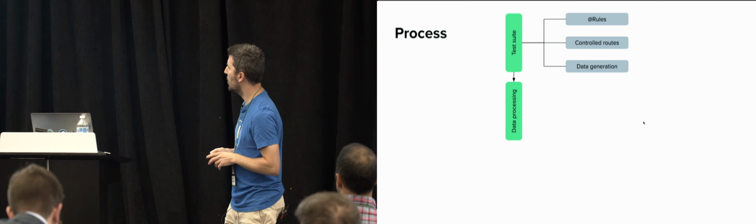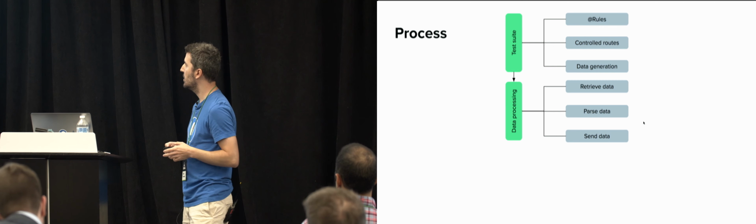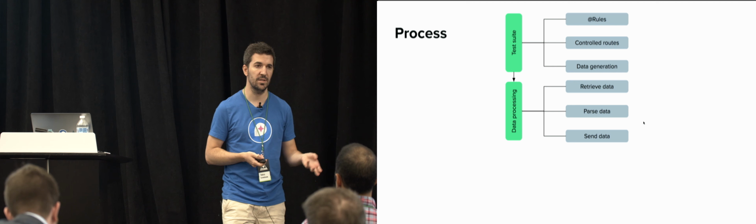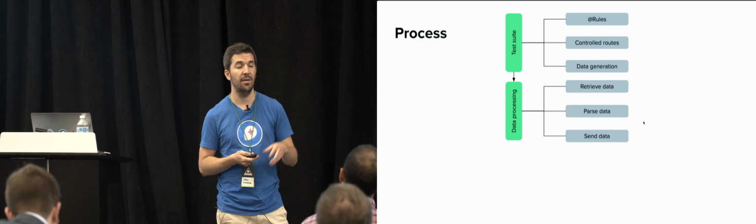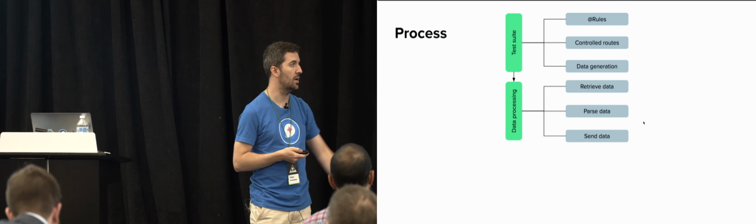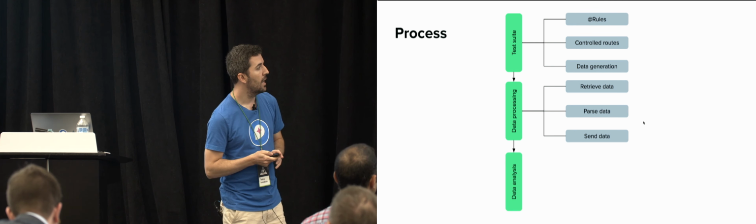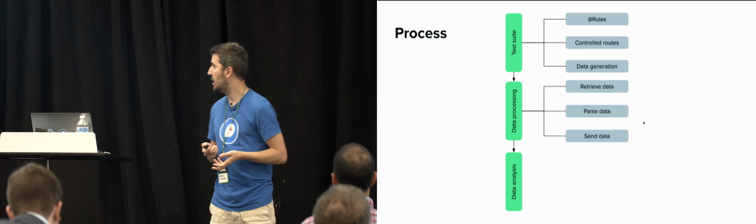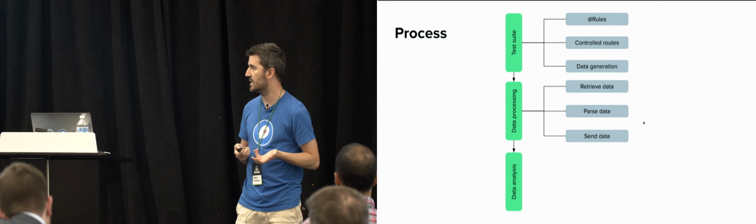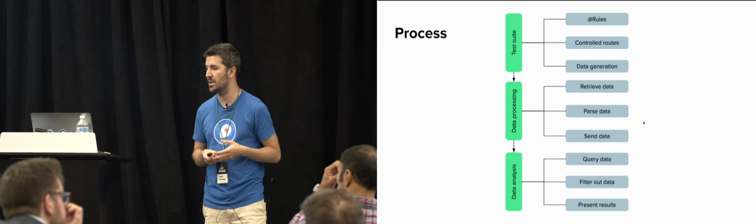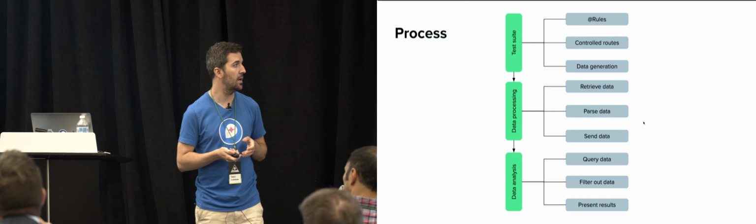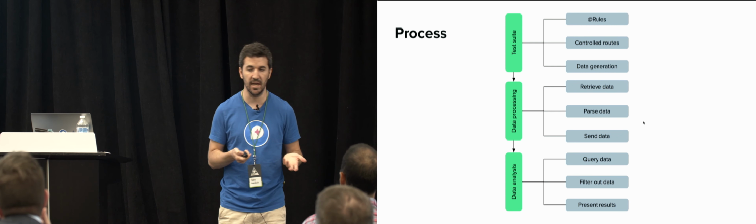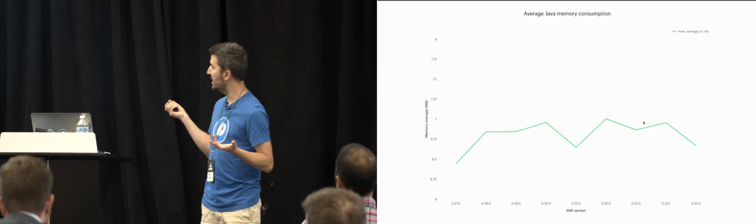After that, we need to process the data, which means that we need to retrieve the data from the external storage, then parse the data, and finally send it back to the database. And then, of course, you need to analyze that data, which means that you need to query that data, maybe filter it, and then present the results. And that's it, the fruit of our labors.